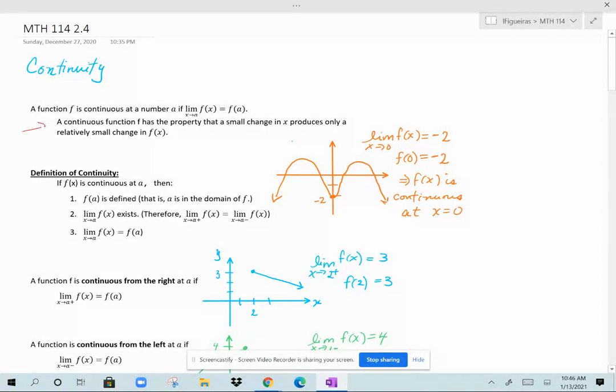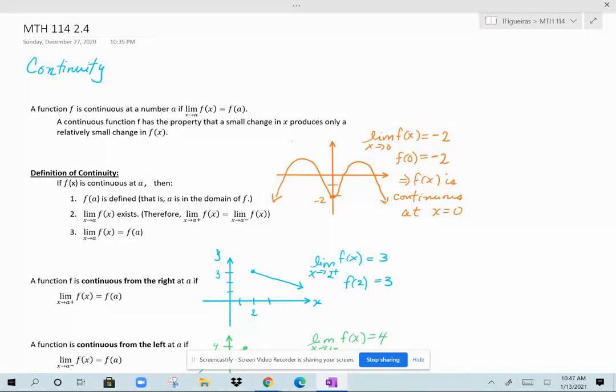So what that means is that a small change in x near a represents a relatively small change in f of x. So you're not going to see big jumps in the graph. And in a very simplistic way, the way I would describe it to a child is if you can draw the graph without picking up your pencil, it would be continuous.